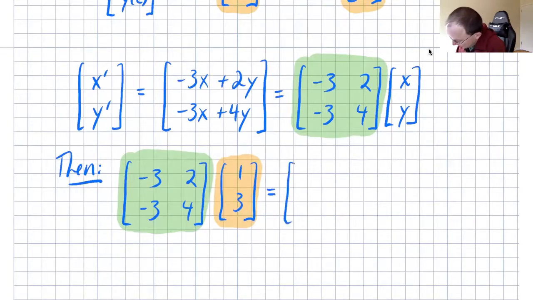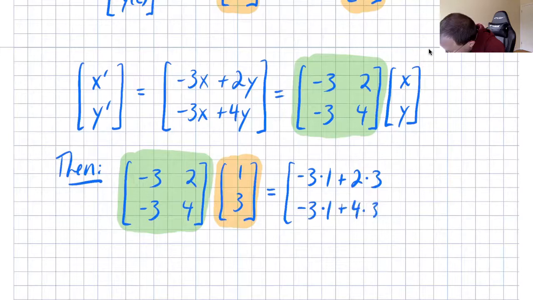Just like we had here with the x and the y, we're going to do -3 times 1 plus 2 times 3. That's how we calculate that. And on the bottom, we have negative 3 times 1 plus 4 times 3.